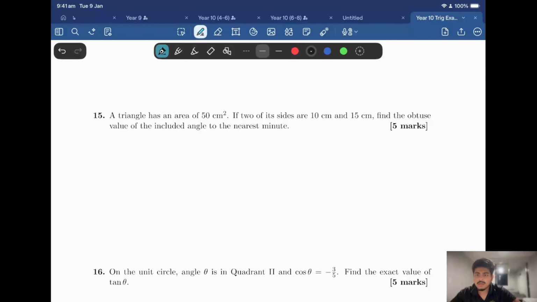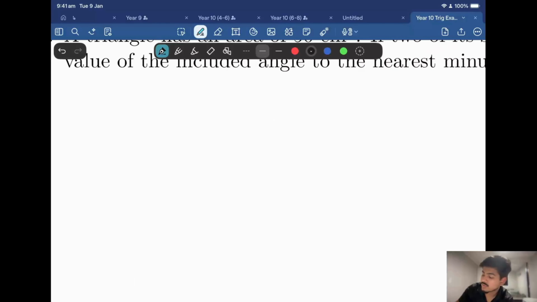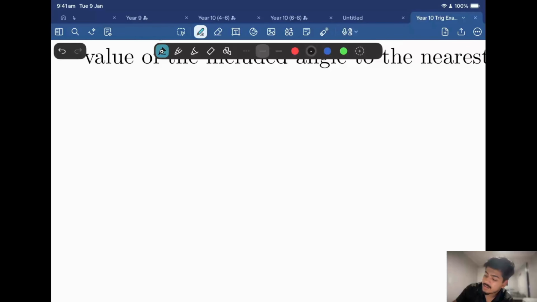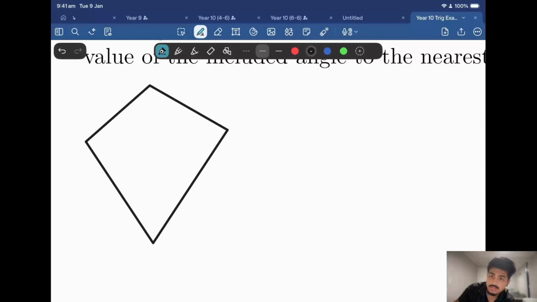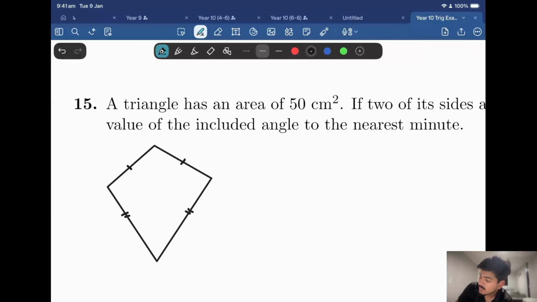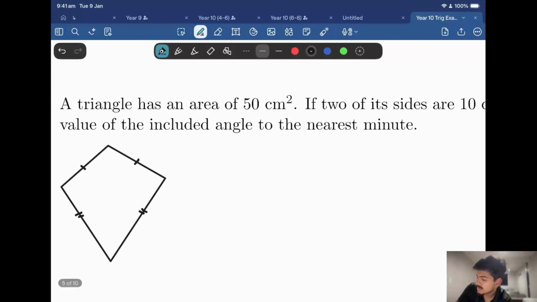Perfect. For this question, if you have seen a kite, you know that a kite looks something like this, right? This side and this side are equal, and this side and this side are equal. Okay, what do we want to find? Oh wait, wrong question.